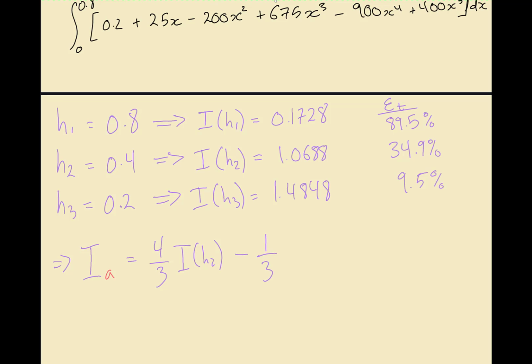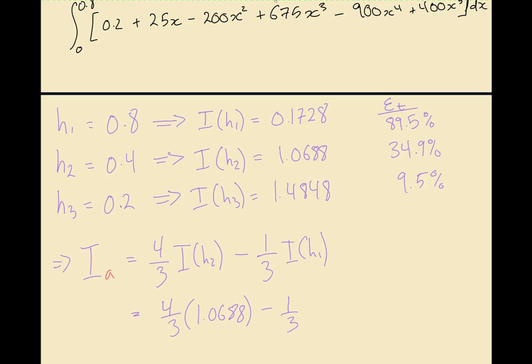Minus 1/3 IH1. So in this case, we're just going to use the values we see up here. So 4/3 times 1.0688. And what you can see is when we multiply by 4/3, we're going ahead. Okay, we're not going in between.